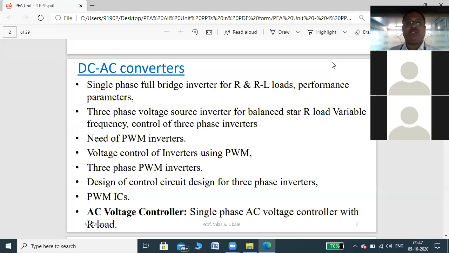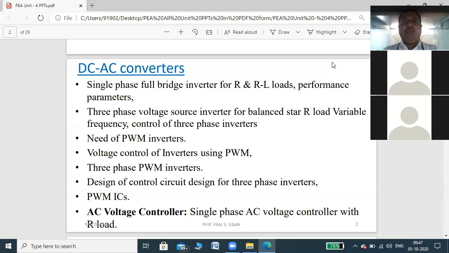We know the line frequency is 50 hertz and constant. If the frequency is constant, then we cannot control the speed of an AC motor or AC drive. To control the speed of an AC motor, we have to apply a signal with variable frequency. If you change the frequency, the speed changes. Otherwise, the speed of an AC motor cannot be controlled.